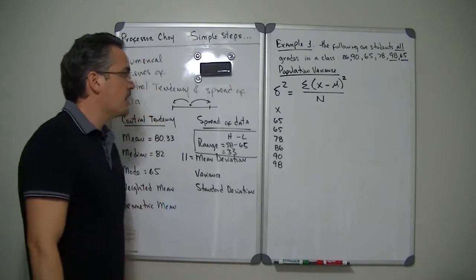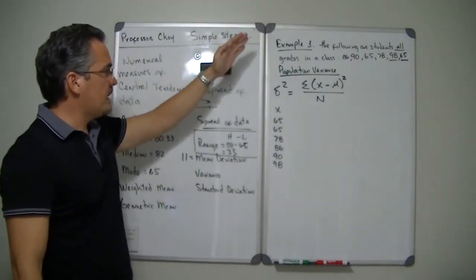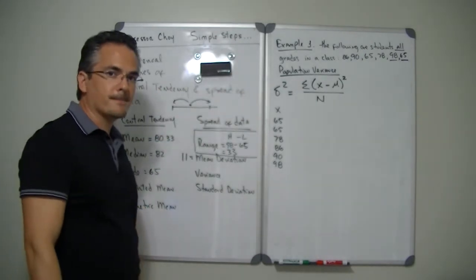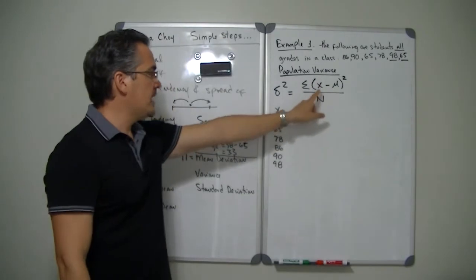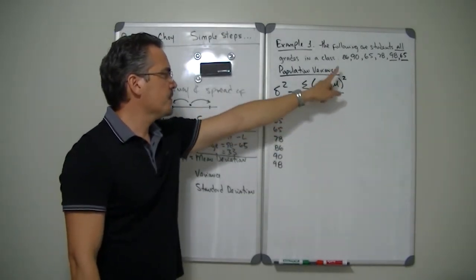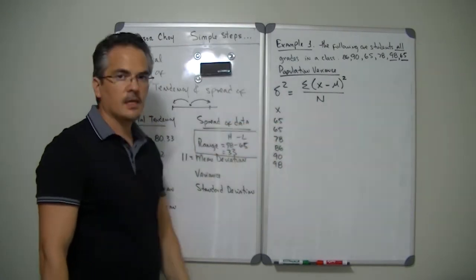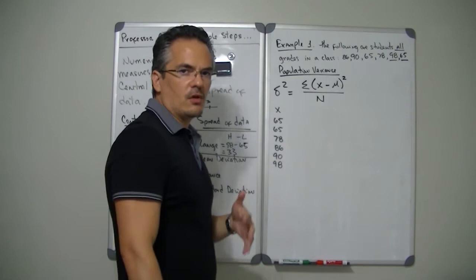Right now we're going to take the same data set and find our population variance. For our population variance we need to follow this formula that says it's going to be the summation of x minus mu squared over n. I like to write everything down nice and slow so you don't get too lost.